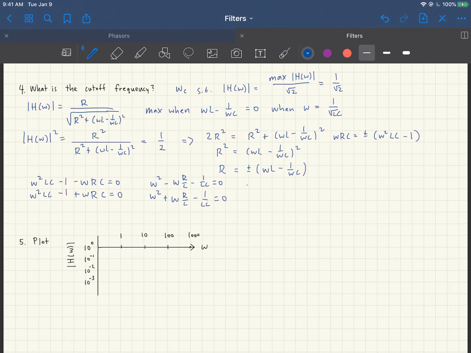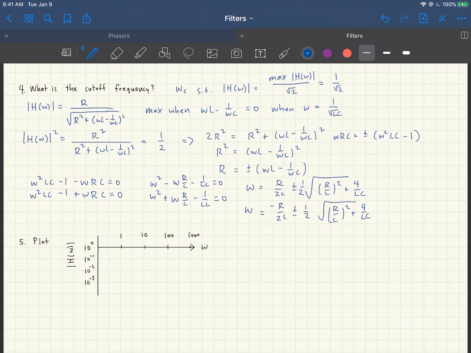which means by the quadratic formula I'll have omega is equal to R over 2L plus or minus 1/2 times the square root of (R over L) squared plus 4 over LC. And I'll also get minus R over 2L plus or minus 1/2 square root of (R over L) squared plus 4 over LC.